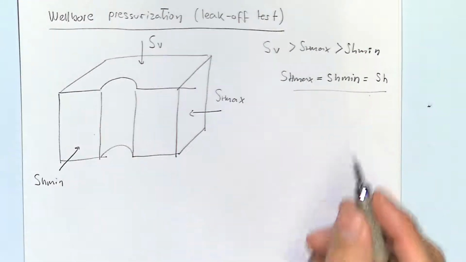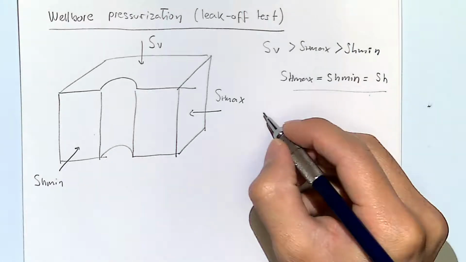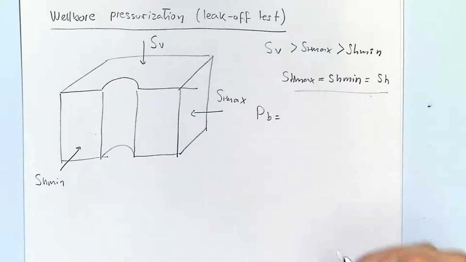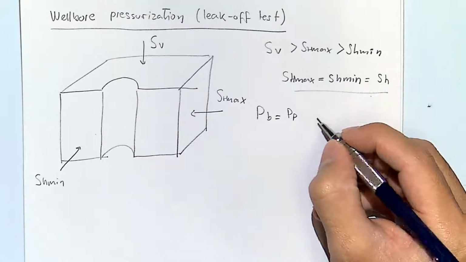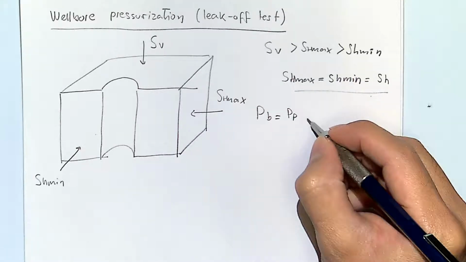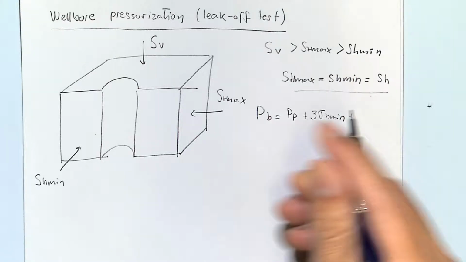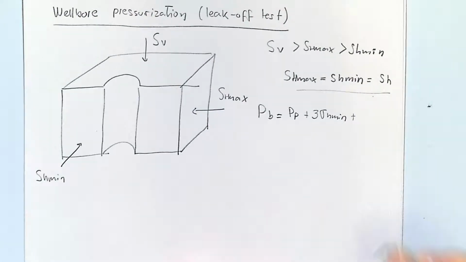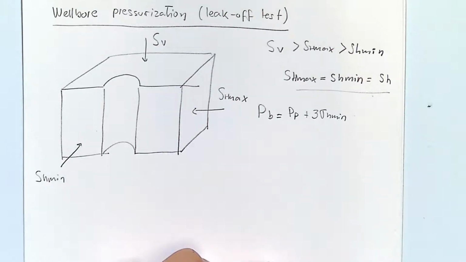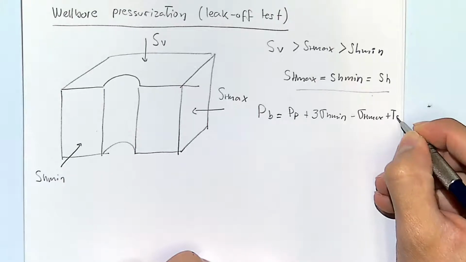Okay? So what would be the equation of the breakdown pressure? Do you remember the equation of breakdown pressure? PB is, for sure, has to be higher than the pore pressure, and then it's 3 times sigma H min minus sigma H max, minus the pore pressure, plus the tensile strength.